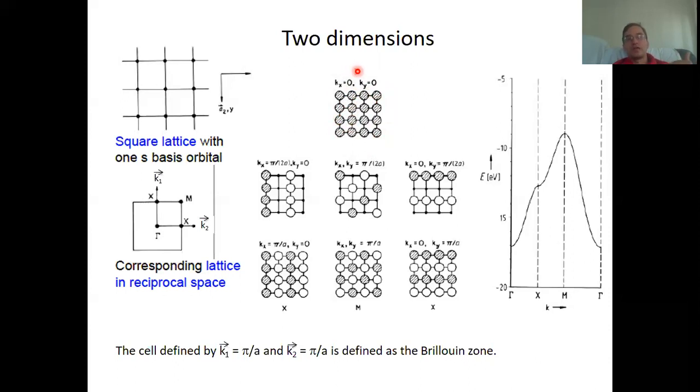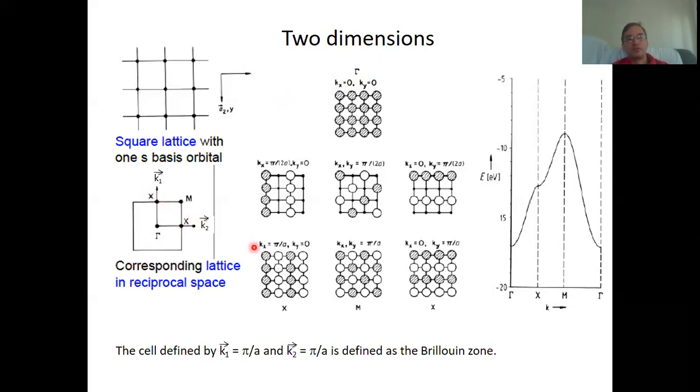Now in the next step, we can go to kx equal to pi over a and ky remaining 0. Then we arrive at a point called chi within the Brillouin zone. This is this point here. kx has now reached its maximum value within that unit cell, and ky is equal to 0.